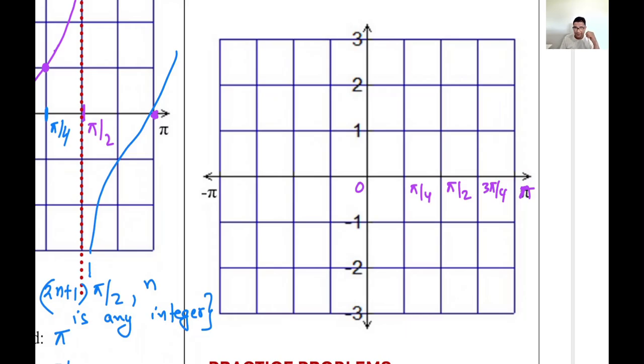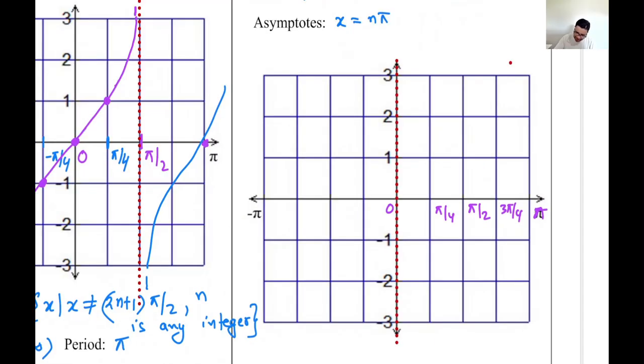We said that at 0 there is an asymptote, so on the y-axis there's an asymptote now. Again at pi, I have another asymptote. And this time I'm going to write the equations: x equals 0 and x equals pi. I have asymptotes.